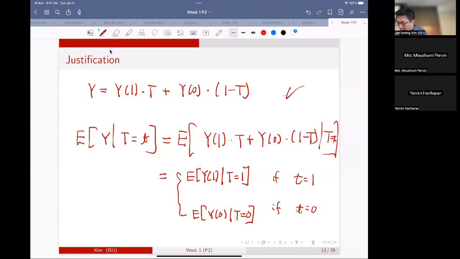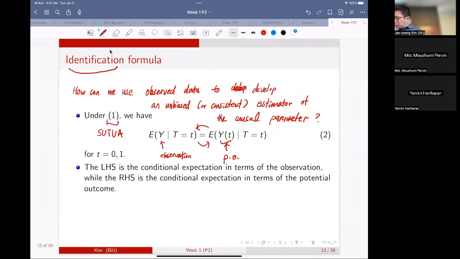So you can write it as exactly the expectation of y given t equal t, for each t. So that basically proves this simple equation.